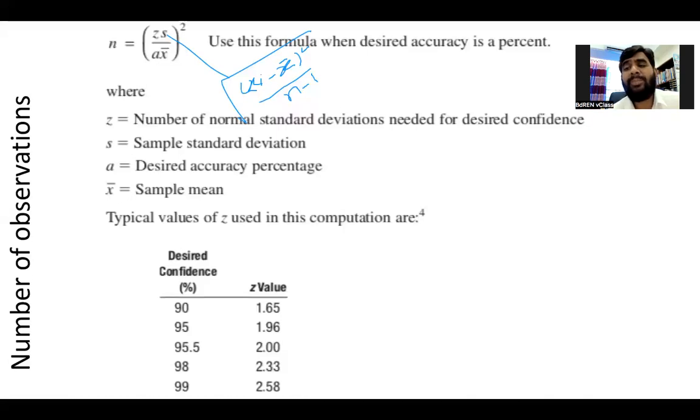Total is 10. X bar is 10 divided by 4, which means 2.5. Then you will calculate the deviations, Xi minus X bar, using this formula.